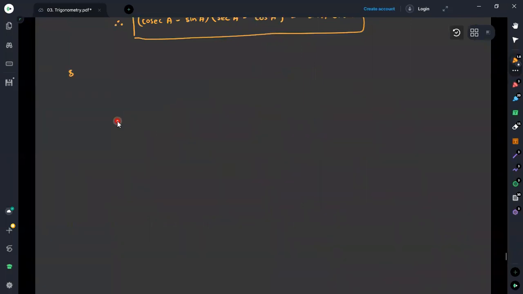Eighth one says that the quantity is given as 1 over 1 plus sine A plus 1 over 1 minus sine A equals to 2 times sec squared A. Here this is what we need to prove. Therefore, we will start it from the left hand side of the equation.